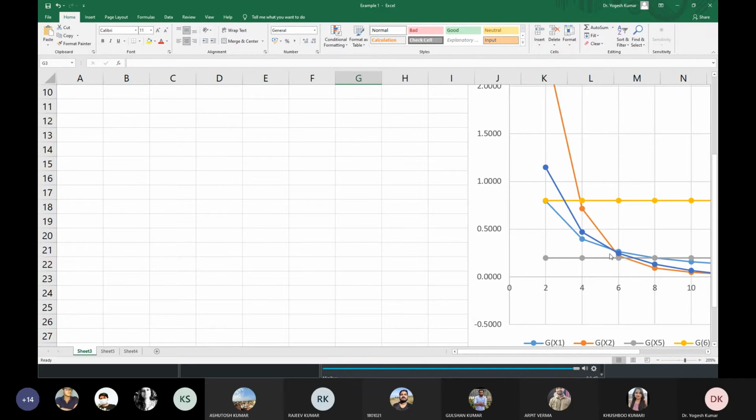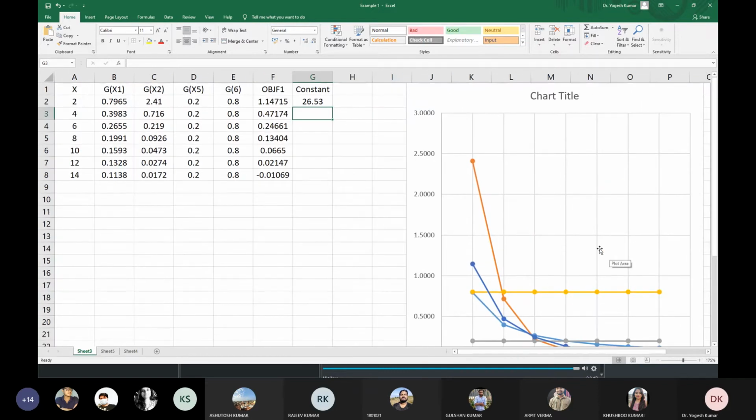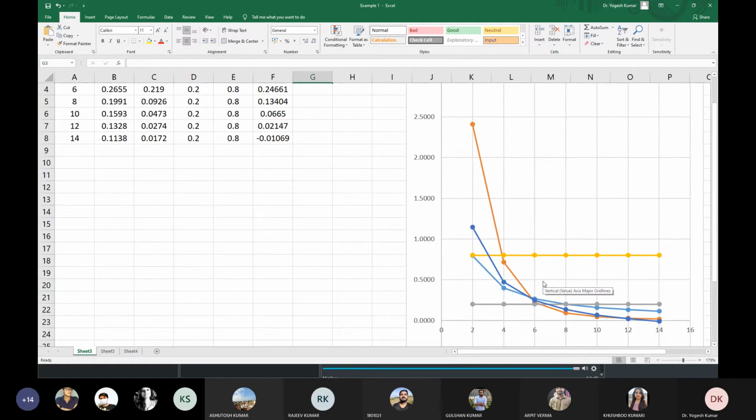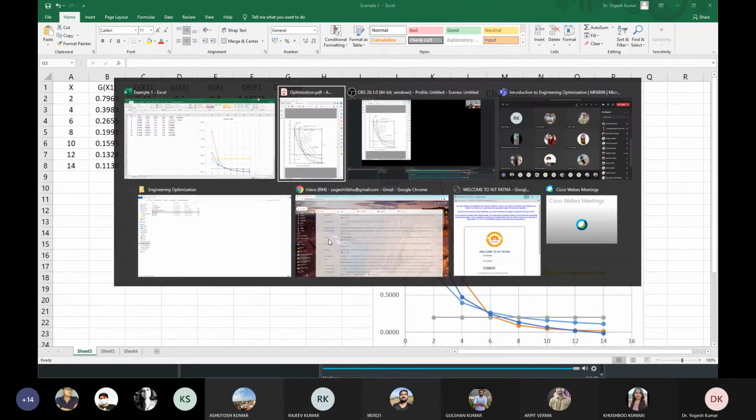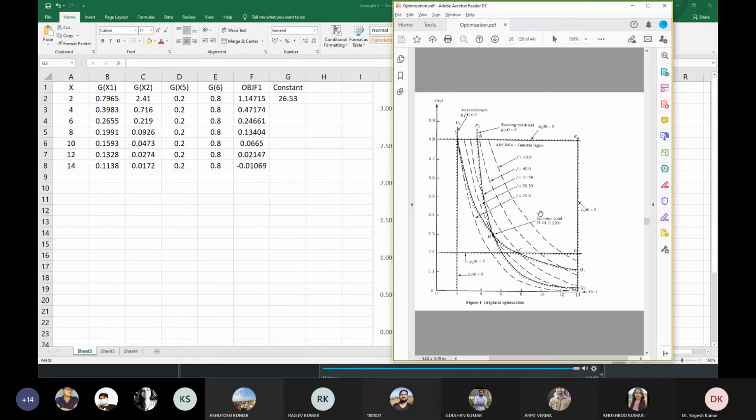So this value may be taken as the optimum value of your objective function. This is how it was given on your graph plot. The value corresponding to the point B, which is x1 equal to 5.44 and x2 equal to 0.293, is your optimum value.